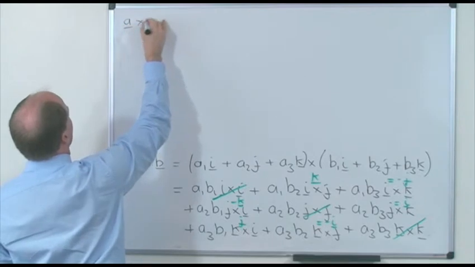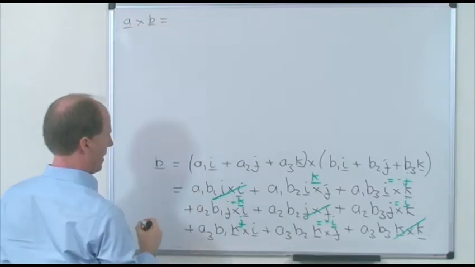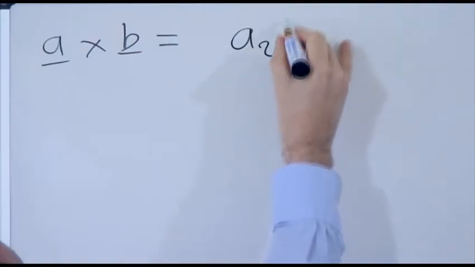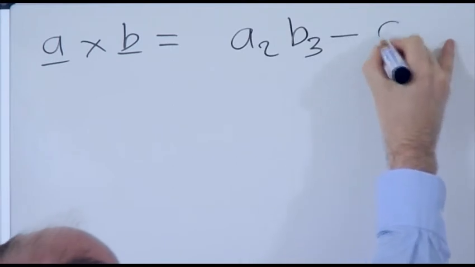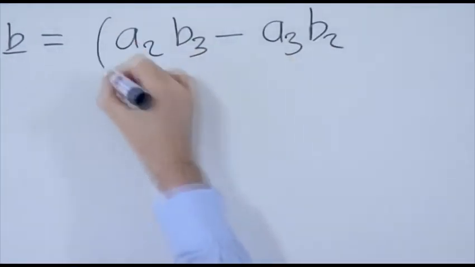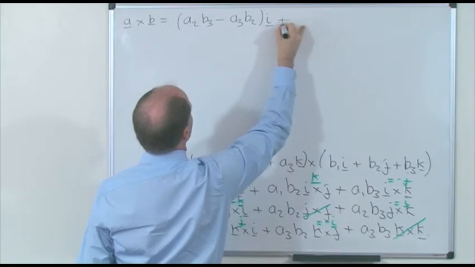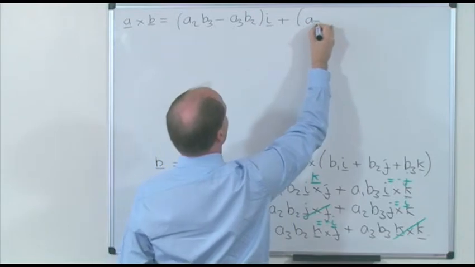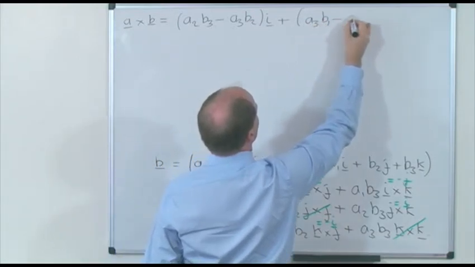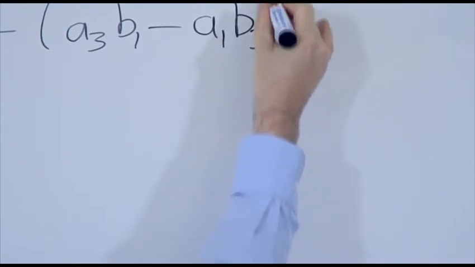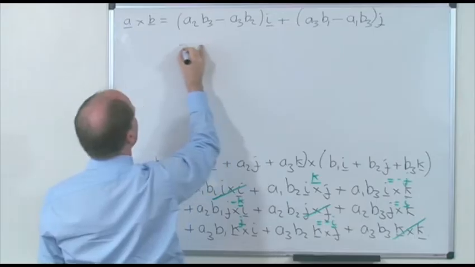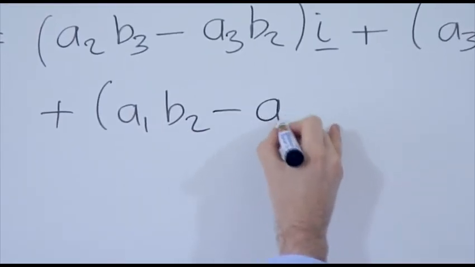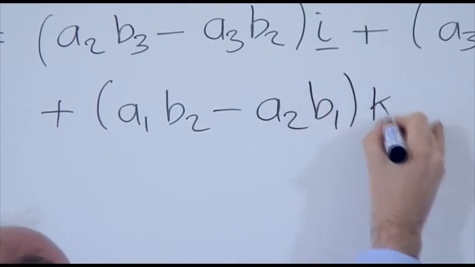We have that a cross b is equal to (a2 b3 minus a3 b2) times i plus (a3 b1 minus a1 b3) times j plus (a1 b2 minus a2 b1) times k.